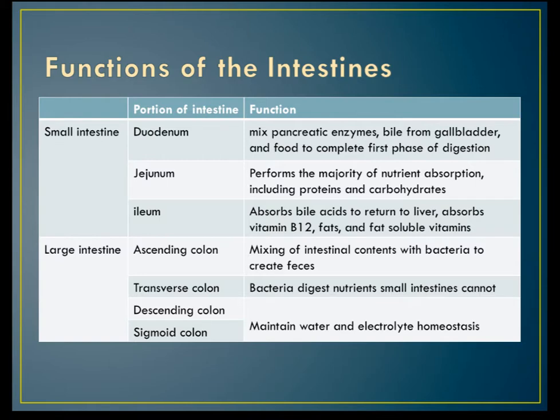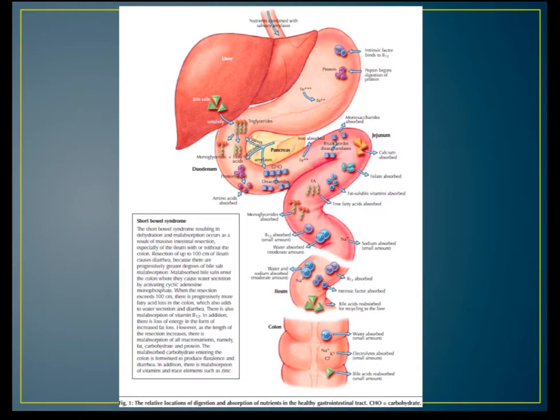We want the small intestines to do the most of the absorption and digestion so that our body can have the nutrients we need first, and then the colon has bacteria that can then further digest things we can't and take whatever nutrients it needs to survive. So the transverse colon is where the bacteria digest the nutrients that we can't, and then the sigmoid and descending colon are the main regulators of water and electrolytes.